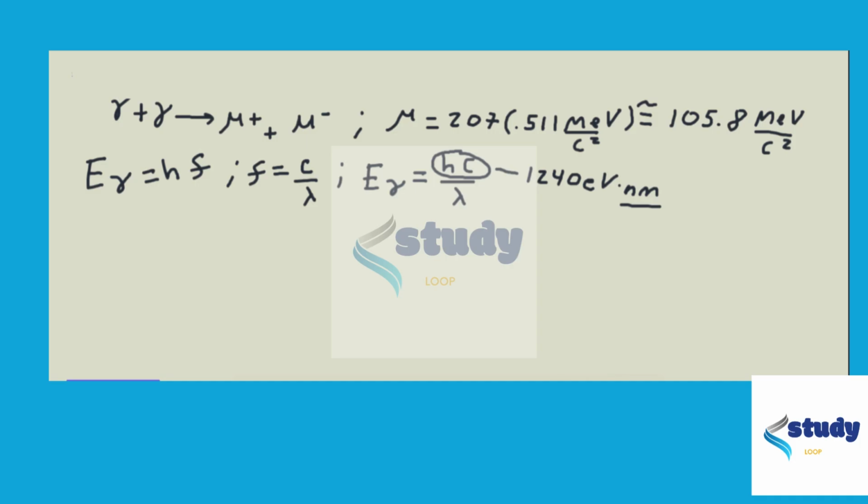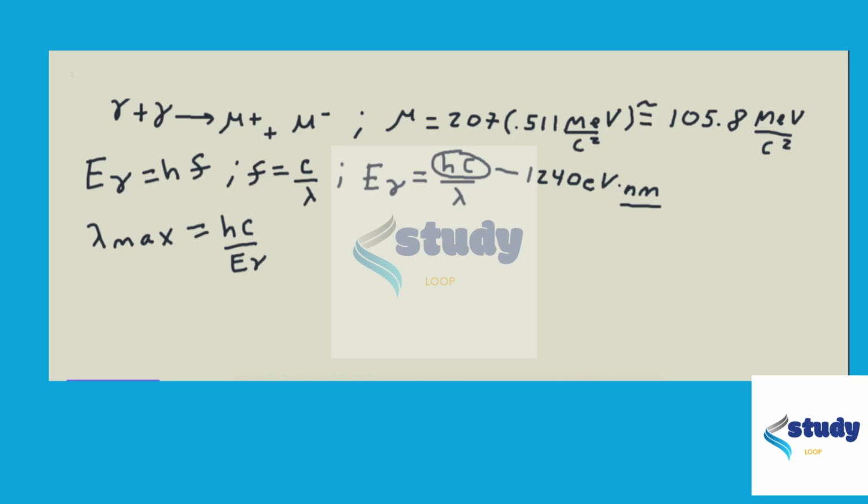When we plug in everything for our expression here, I can solve this for lambda, and this is lambda max, the maximum. Realize that as the wavelength increases, the energy goes down. So largest wavelength means least amount of energy, and I will get that lambda max is equal to hc divided by E gamma.